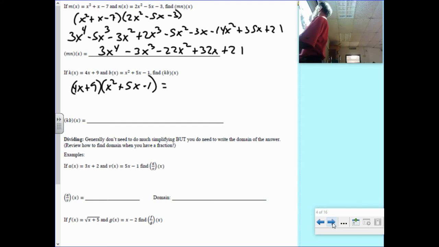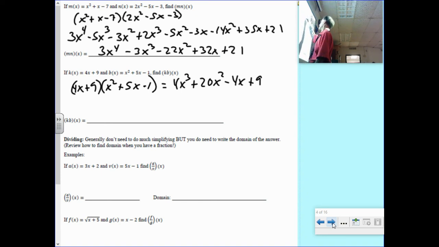And here we go. So we got 4x to the third. Again, taking 4x times everything. Oops, 20x squared. And then minus 4x. And then the 9 times everything.